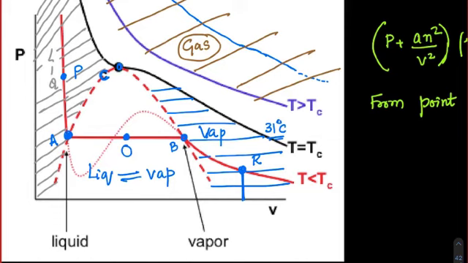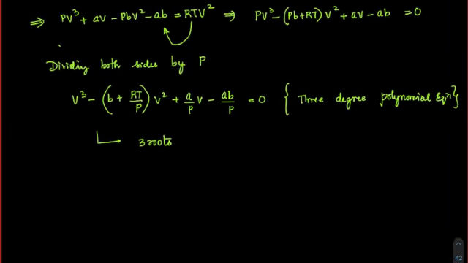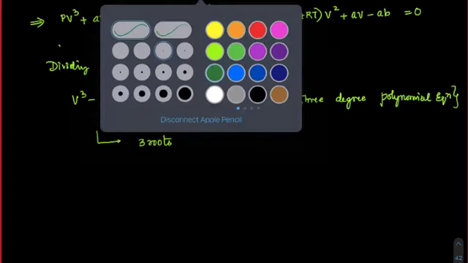Let me put that in the graph as well. The volume occupied at critical temperature is what we call the critical volume. So there is only one value of volume at critical temperature, right? And this is important information for us. Which means all three roots are becoming equal and same.